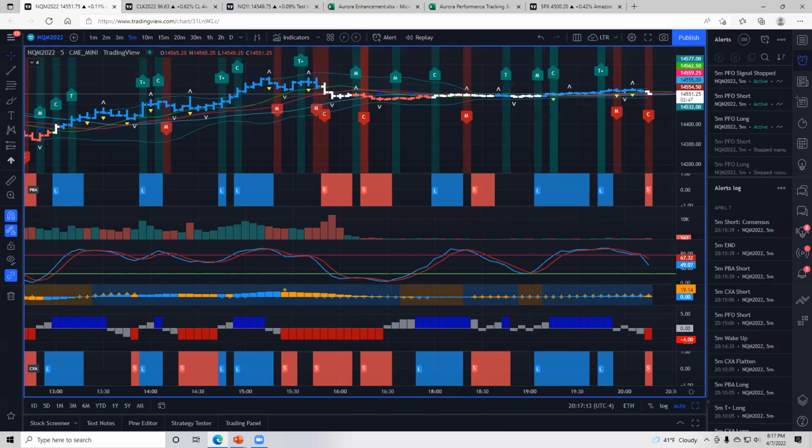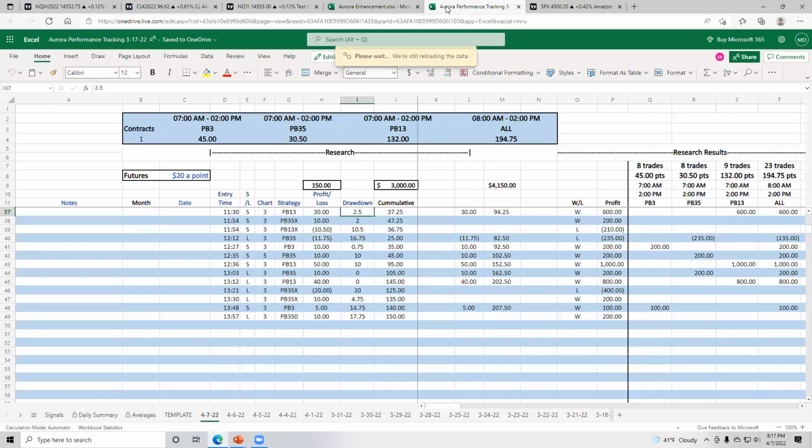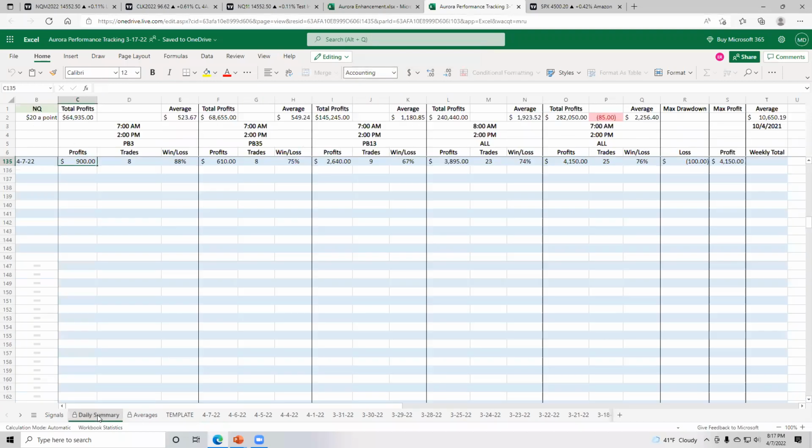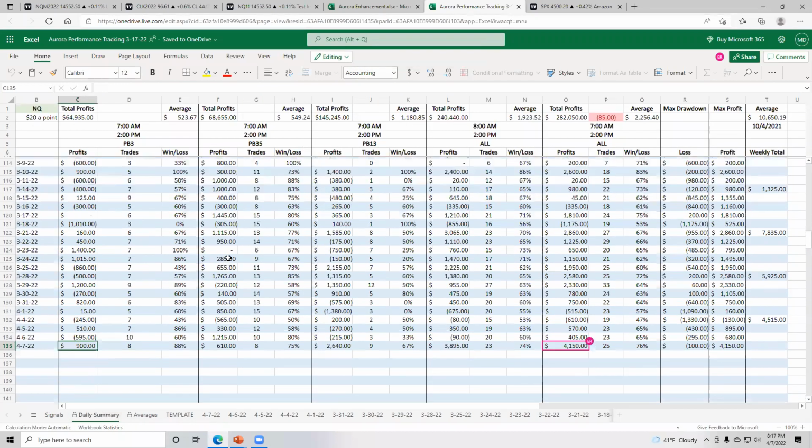All right, a couple of other questions. Michael saying 3A, 4A, especially 4A, is designed to help us catch a trend. How does it compare to PB13? You want to use both. That'll be something that you'll have to take a look at. I mean, there are normal Aurora tracking PB13.